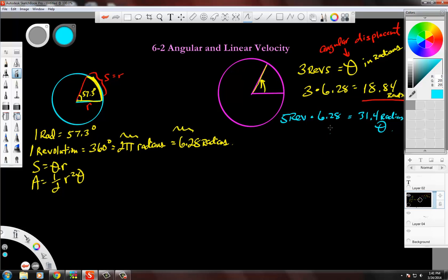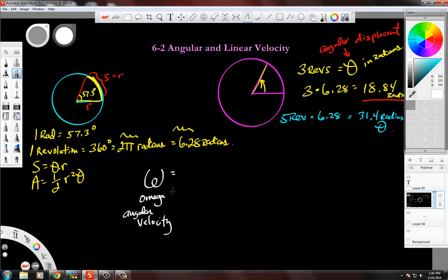That part's easy. Now, a new formula here. This Greek letter right here is called omega, the Greek letter omega, right? And that stands for angular velocity.